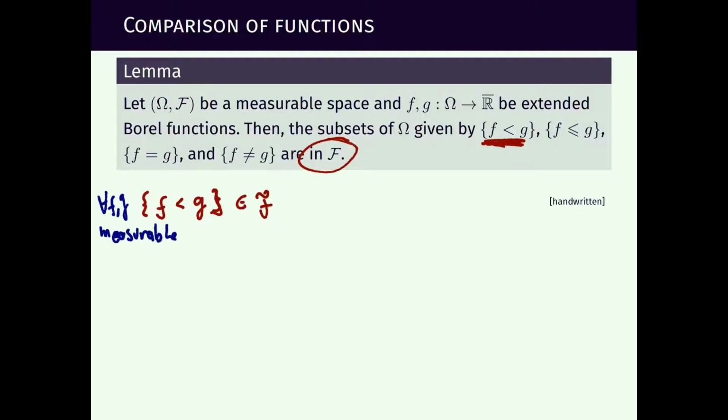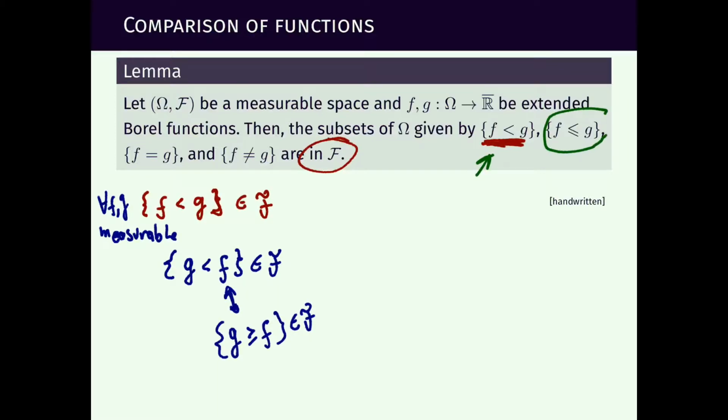So if we exchange the roles of f and g, then g less than f is also a measurable set, and that means that g larger than or equal to f, which is the complement of the previous set, is also in F, because F is a sigma algebra and sigma algebras are closed under complements. So this is all to say, once we prove this, then we get this.